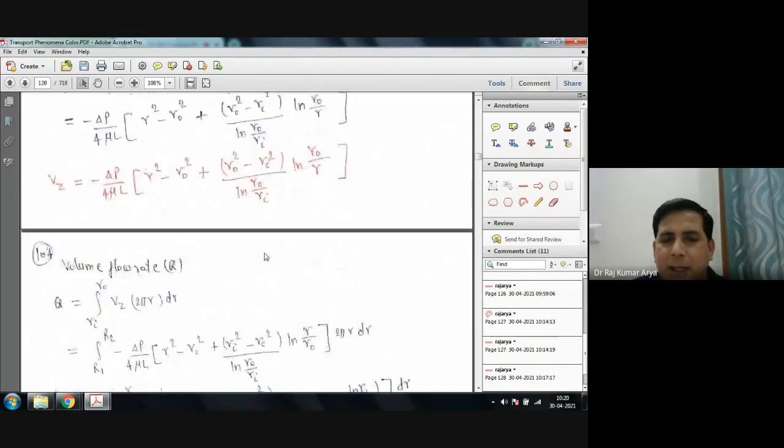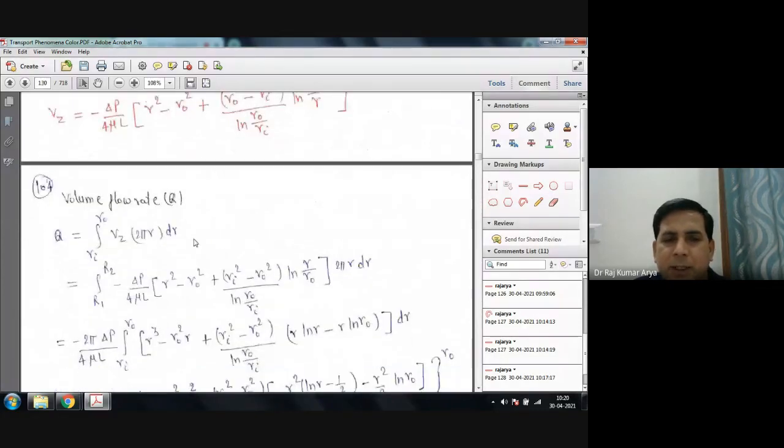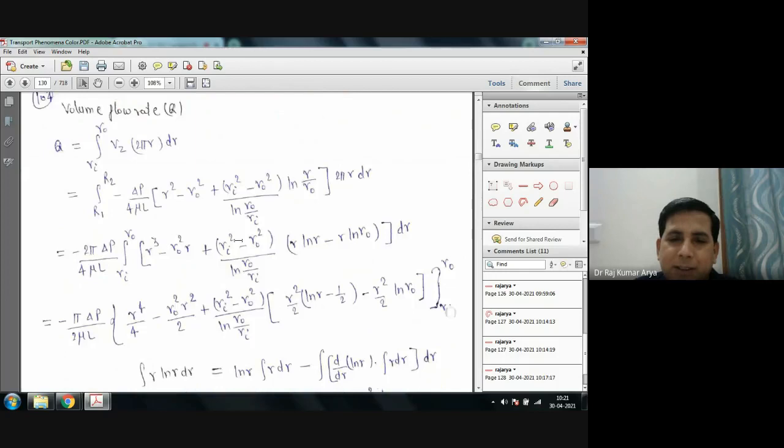Now the next part is the flow rate, right? The flow rate expression is Vz into 2 pi r dr d theta. For d theta, the pipe is fully filled, so you just put 2 pi, and you have r dr. You already have the velocity expression; multiply it by 2 pi r dr and integrate it systematically.